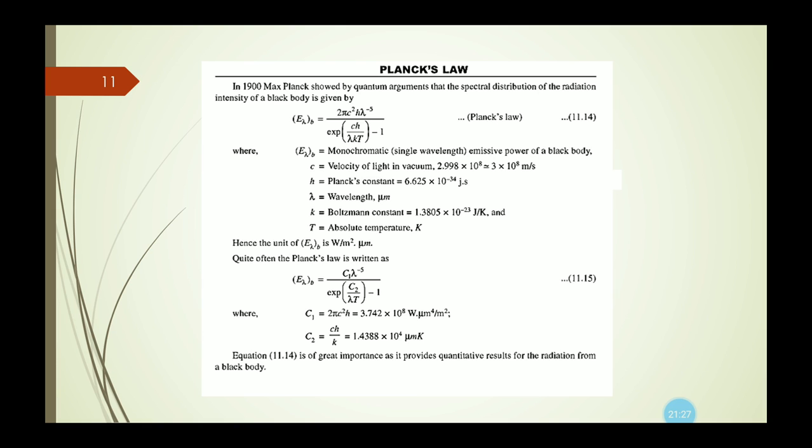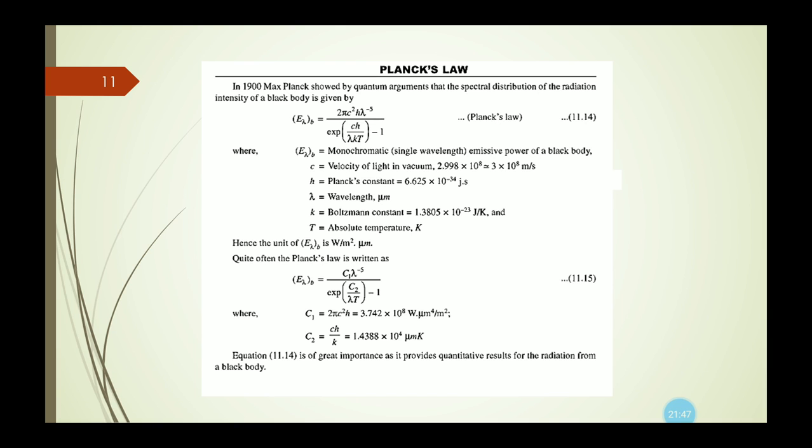This is Planck's law, where E lambda b is the monochromatic emissive power of a black body. c is the velocity of light in vacuum, equal to 3 × 10^8 meters per second. h is Planck's constant, with a value of 6.625 × 10^-34 joule second.